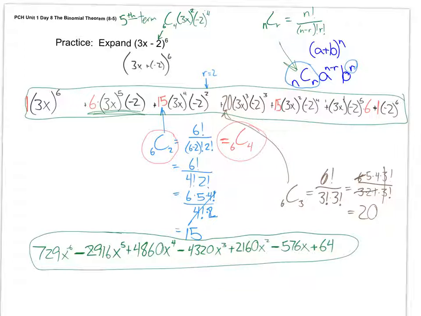So, one of the applications here is going to be picking out a specific term. Now notice here, that's exactly what we got down here. The 1, 2, 3, 4, 5, that's the fifth term.